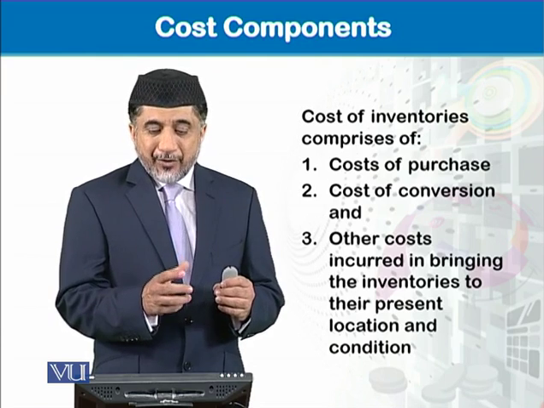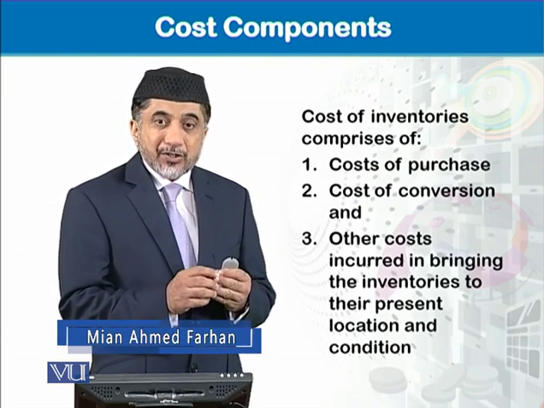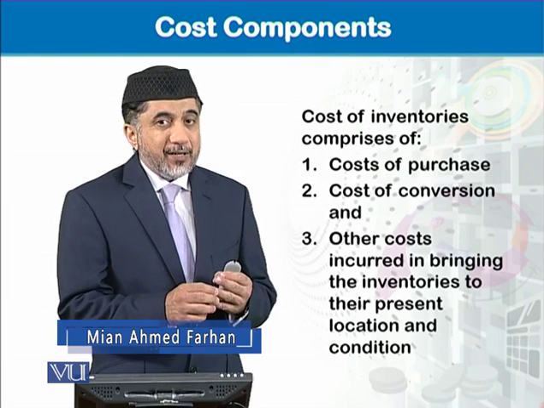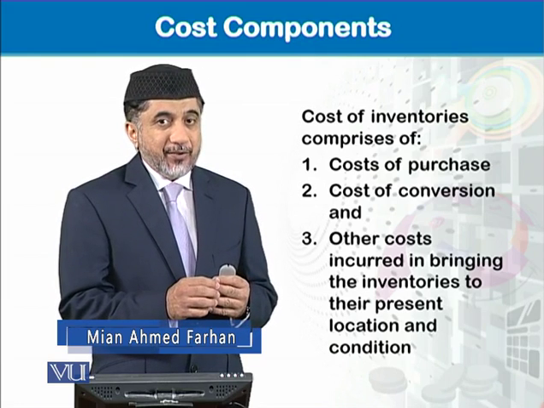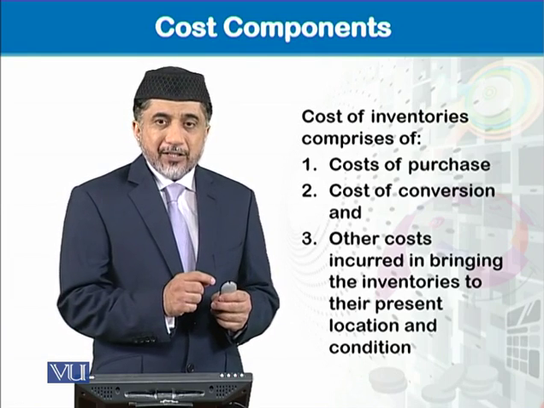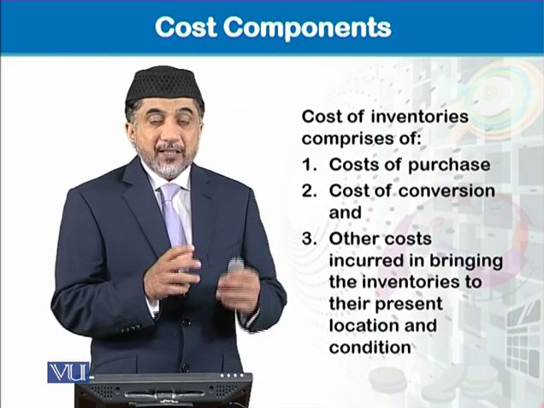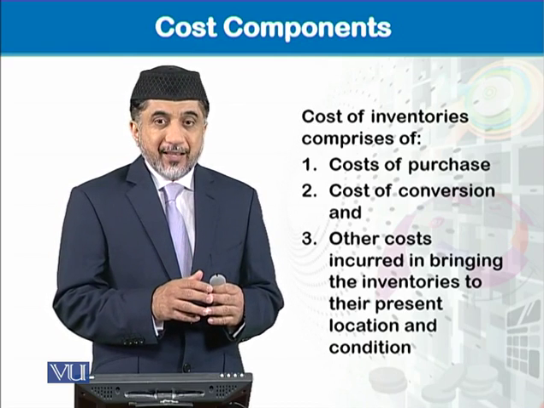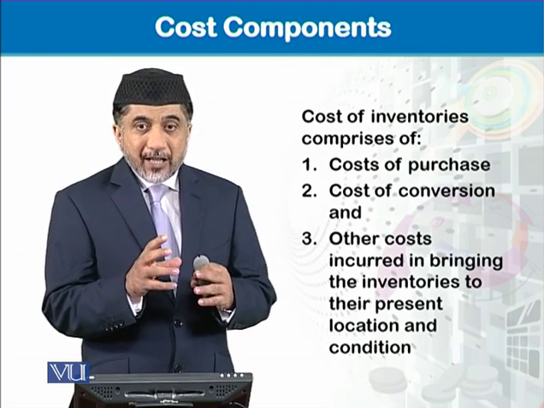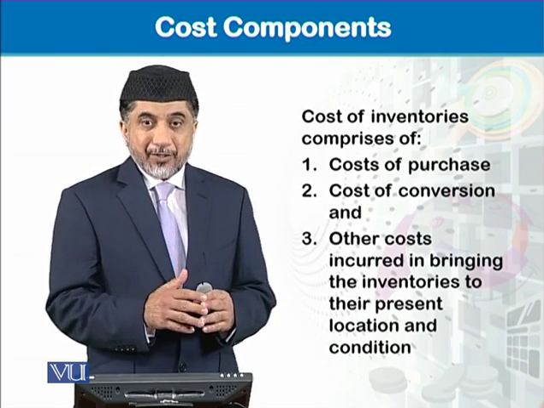We know very well that when we say cost of conversion, it includes the other two elements, labor and overhead. Along with this, the third point that you can look on the screen is the other cost, the cost that we were working out as other direct cost.